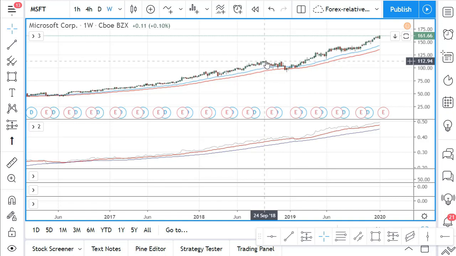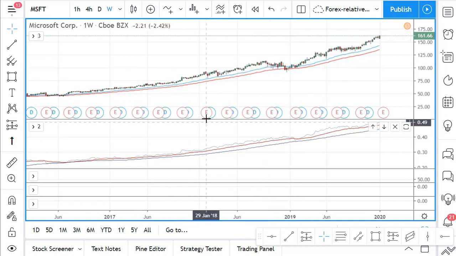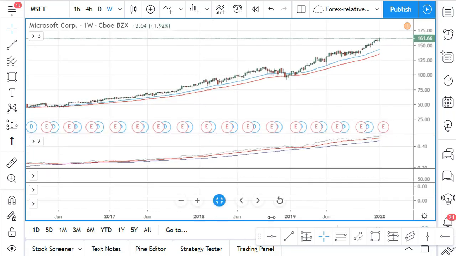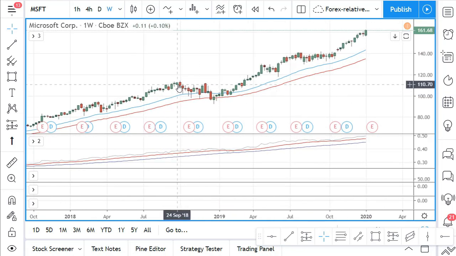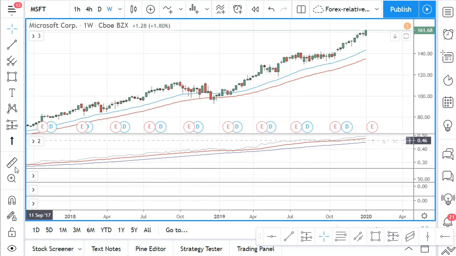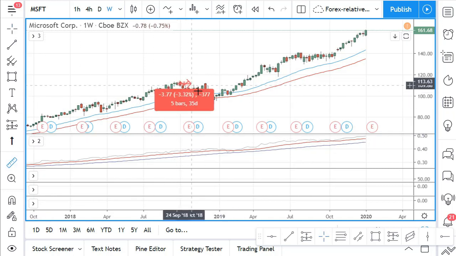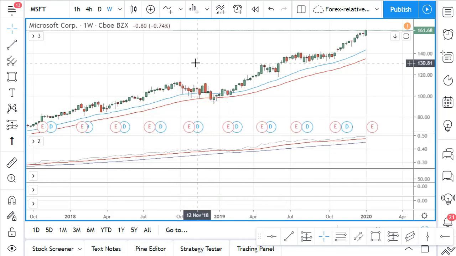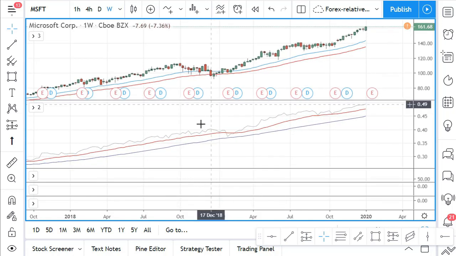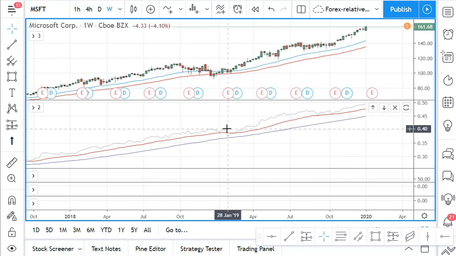Here we can see, for instance, the price went down. But at the same time, let's just make it a bit larger here so we can all see it. Here you can see that the stock was actually going down, and it lost something like 18% in the end of 2018. But what you can see is that the relative strength line is pretty much going sideways.